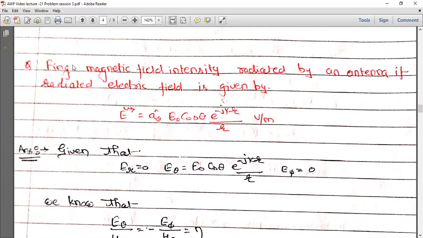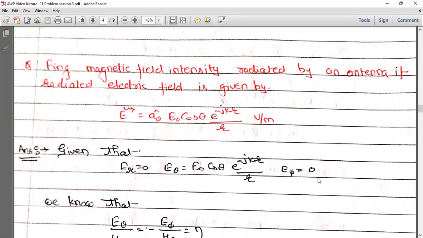Sorry, it is part D. So we have to find magnetic field intensity radiated by an antenna if radiated electric field phasor is given by this particular equation. And to make the question simpler, I have considered E is having only a single component in theta. There is no radial component and no phi component. So E R and E phi both are zero. What we are having is just an E theta component.